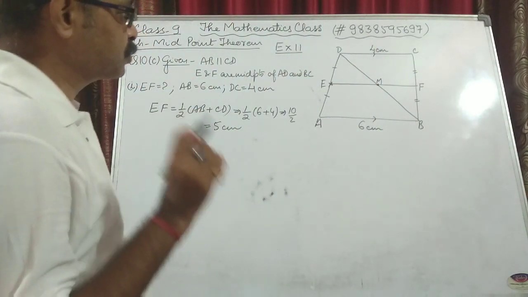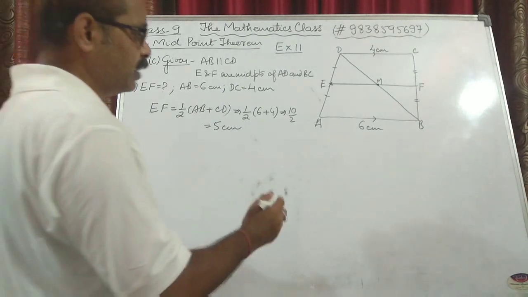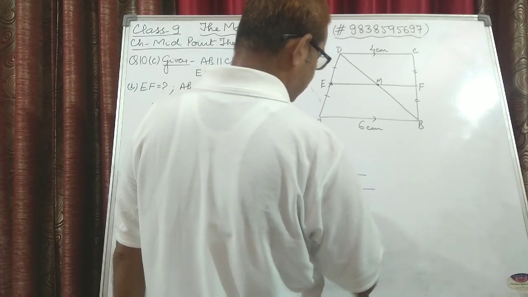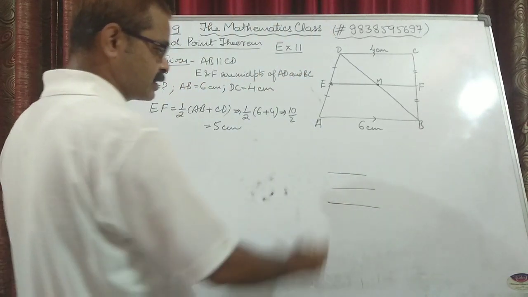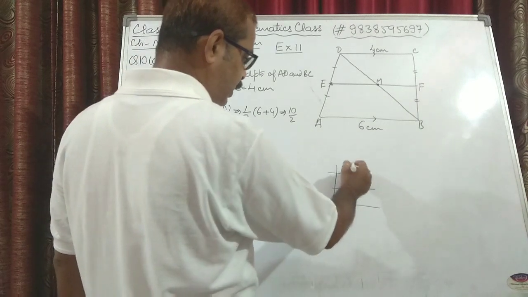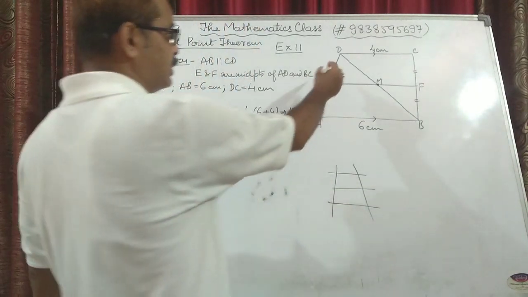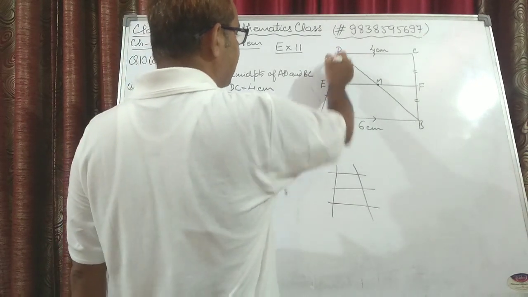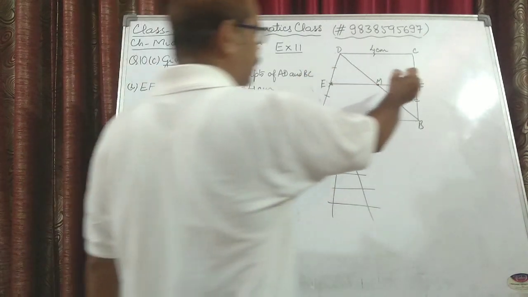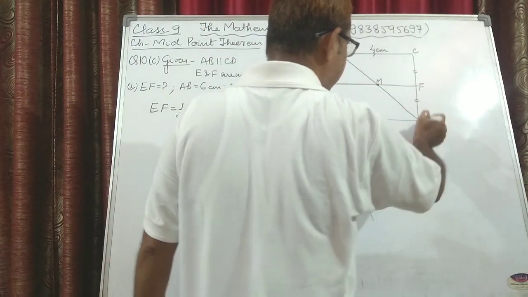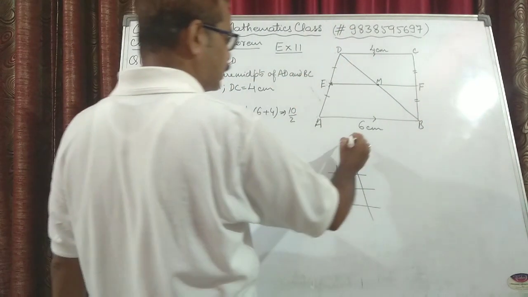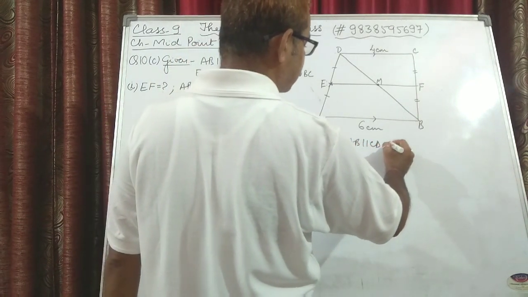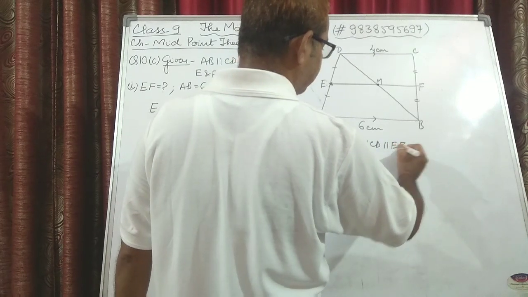But according to the intercept theorem, you have learnt that if there are three or more parallel lines and they make equal intercepts, so you can see that ED and EA are equal, at the same time FC and FB are equal. It means that AB is parallel to CD is parallel to EF.